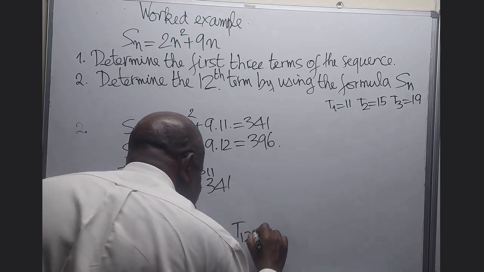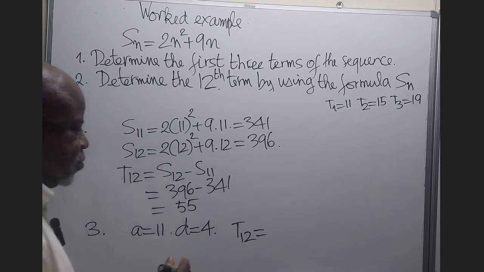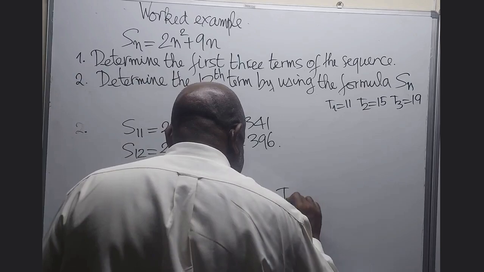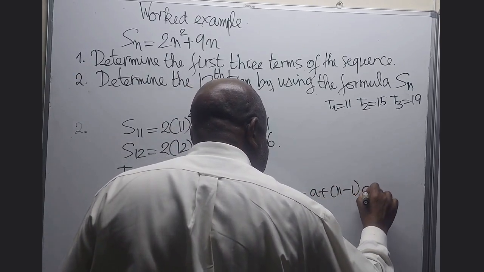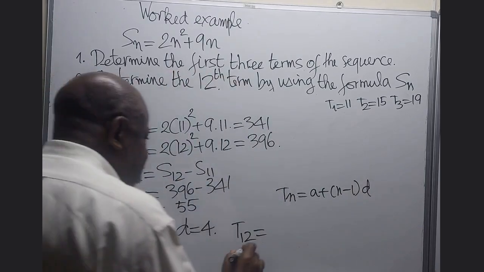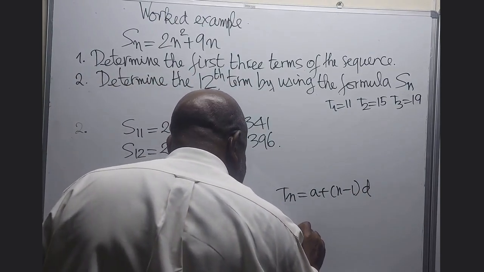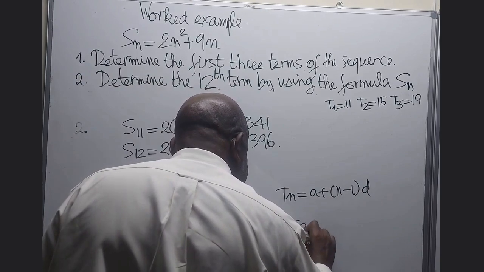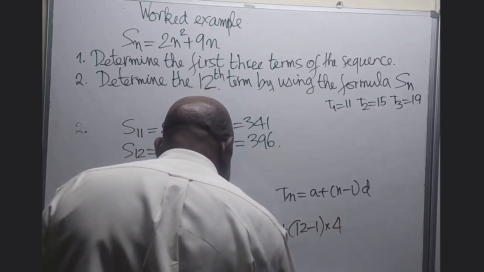So to get T12, let me remind you the formula is Tn equals A plus n minus 1 times D. So here our n is 12, our A is 11. It's going to be 11 plus 12 minus 1, and the common difference is 4.